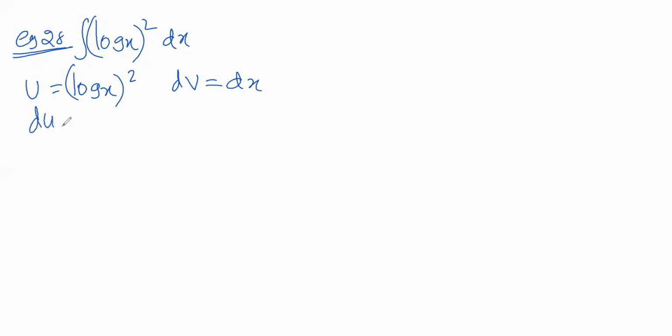Now we will find du by dx. Do you remember what is the differentiation of log x the whole square? It is of the form x power n. What is d by dx of x power n? That is n into x power n minus 1 into differentiation of x, which is 1. You learned this last year, right?